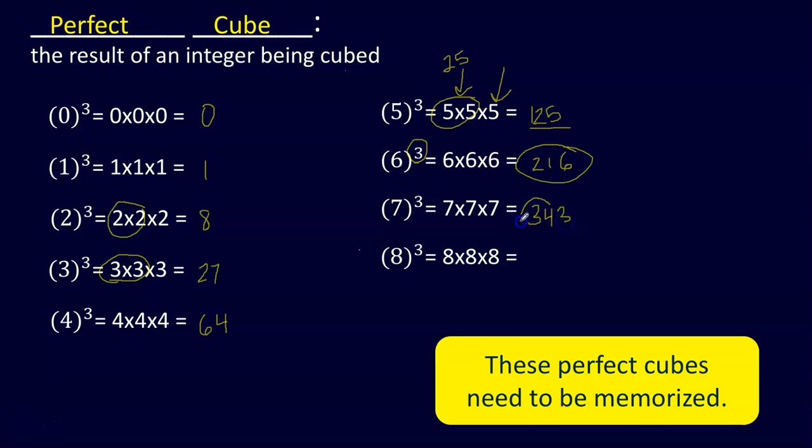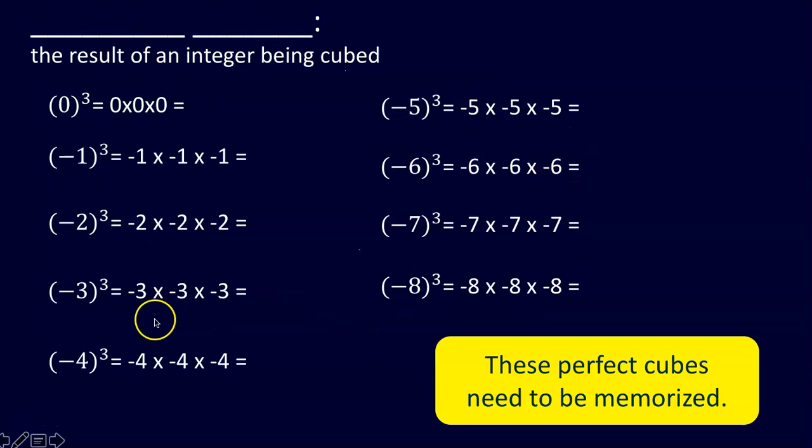It helps me to think about the fact that 3 plus 4 is 7, and also 3 plus 4 is 7, so 343. And then 8 cubed is 512. This probably doesn't help much, but 5 plus 1 is 6, plus 2 is 8. So 5 plus 1 plus 2 is 8. So 8 cubed is 512.